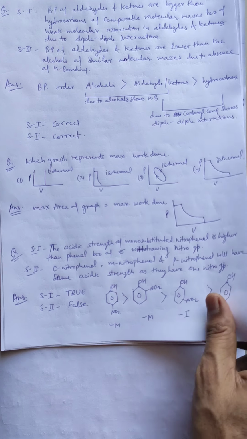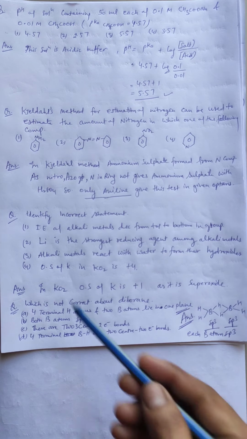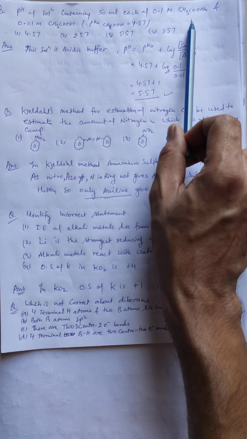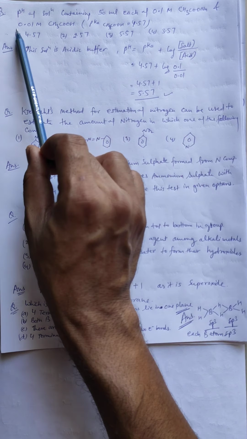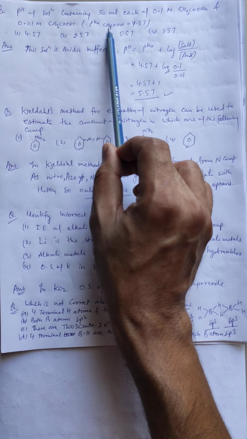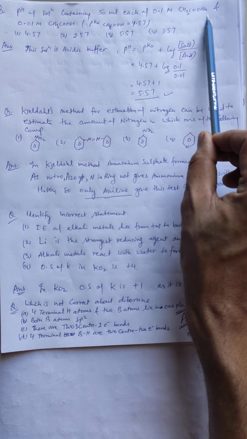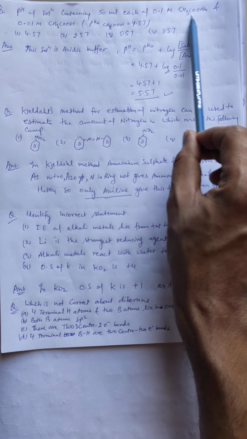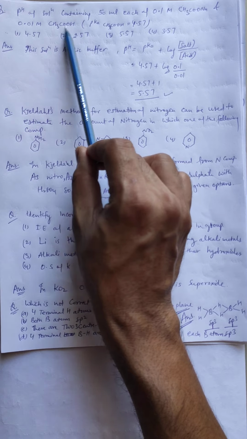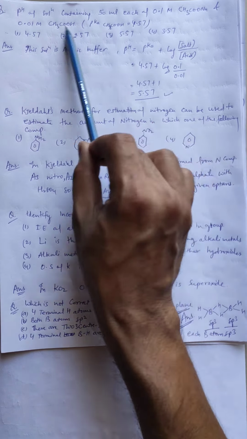Now next question is, the pH of solution containing 50 ml each of 0.1 M sodium acetate and 0.01 M acetic acid, pKa of acetic acid given. Now if you are going to see, it is sodium salt of acetic acid with acetic acid, so it is an acidic buffer, right?